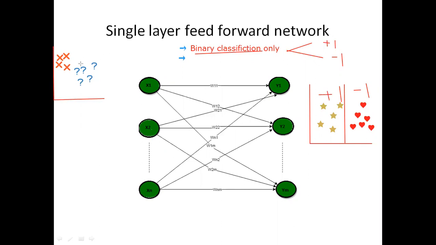By drawing a simple hyperline. Assume this is the simple hyperline between these two kinds of data. By drawing a single hyperline, you can divide the total data points into two groups. This particular thing is called the single layer feed forward network concept.